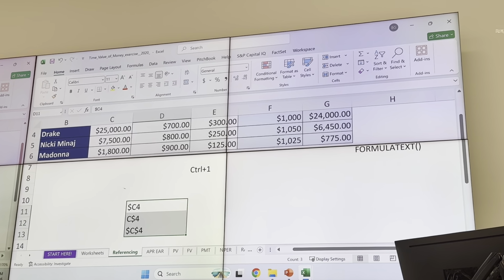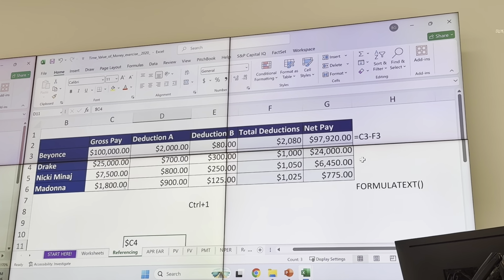Because here what is happening? When we move, my C and my rows are moving, right?